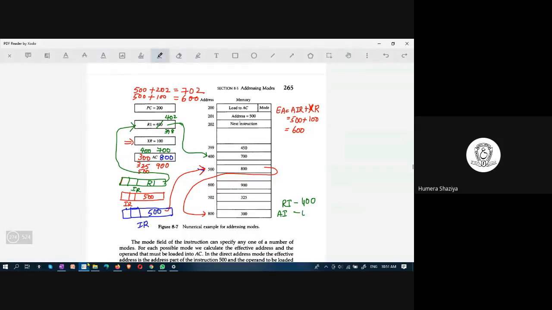Subsequently, you increment the register content. The register content is 400. Next time, you have to make it 402, because in this memory each memory word has 2 bytes of value. Therefore, you have to increase the address by 2 every time.